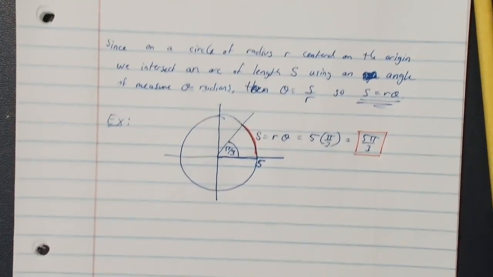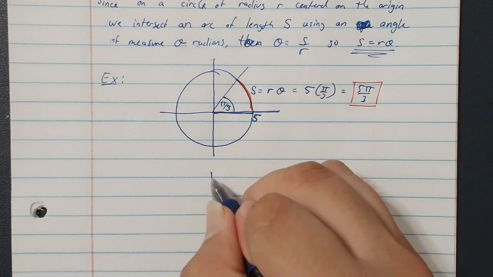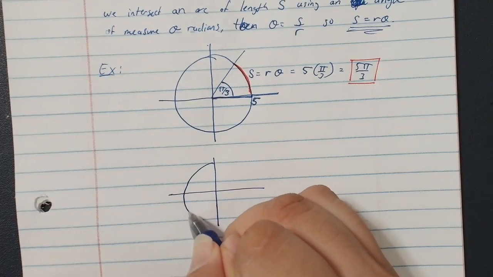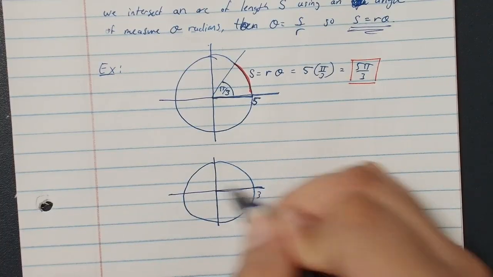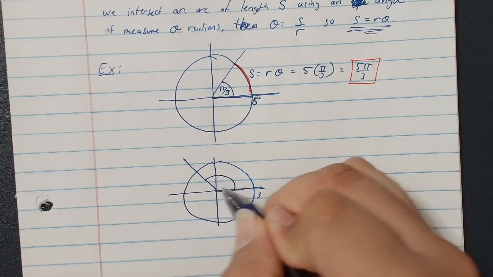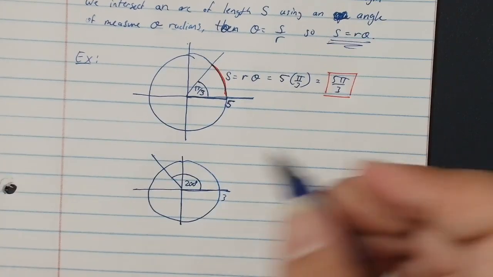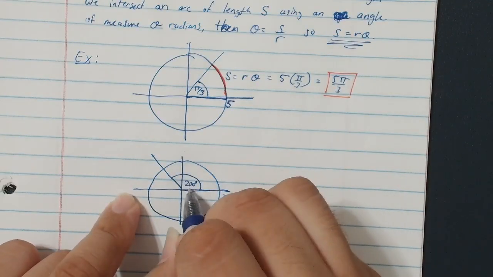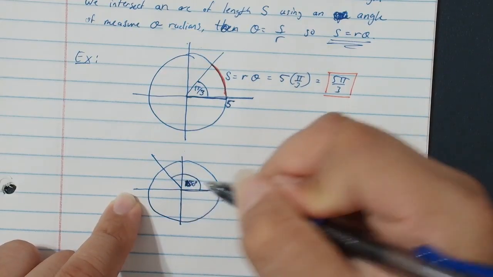Note that if your angle starts off in degrees, you can still do this, but you have to convert to radians first. So for example, if I have a circle here of radius 3, and I have an angle that crosses my circle, and it has a measure of, let's say, 150 degrees.